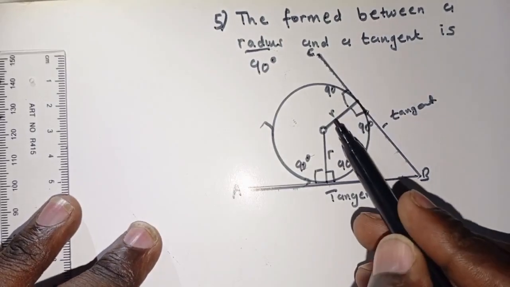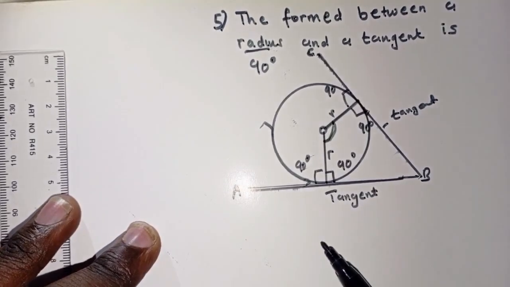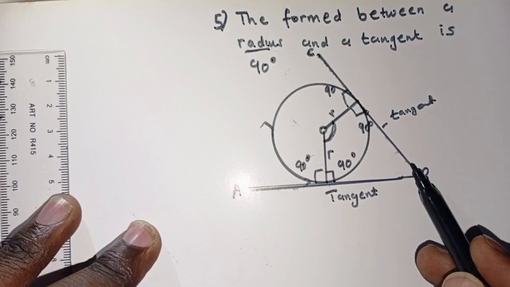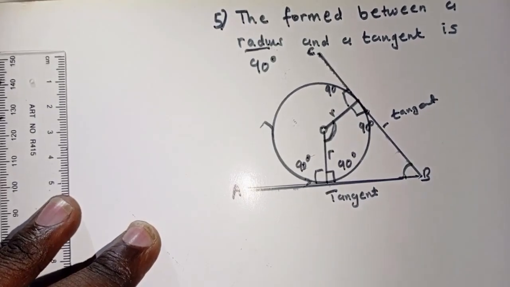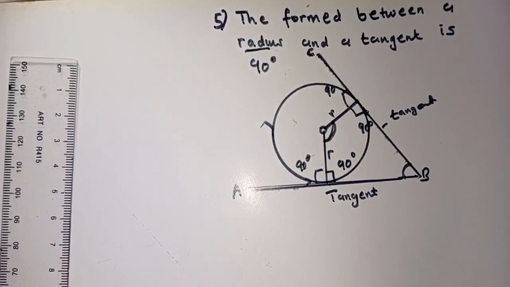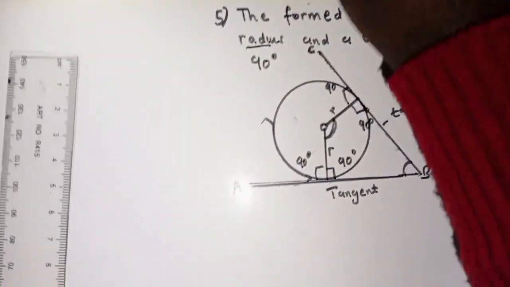So now you have an angle that will be formed between these two radii. Now this angle, you notice that it is opposite to this one here. These are opposite angles. So why am I talking about this?